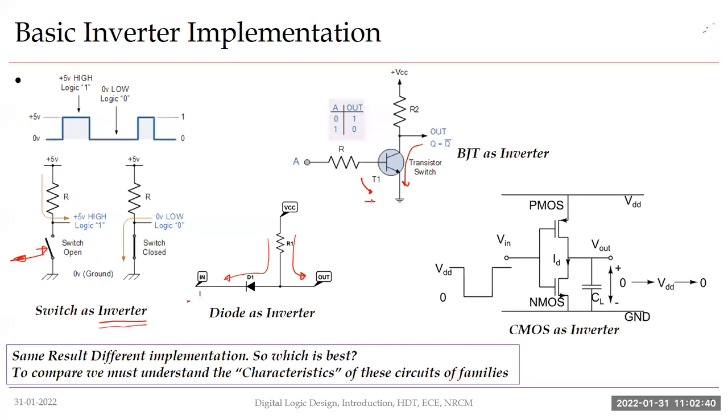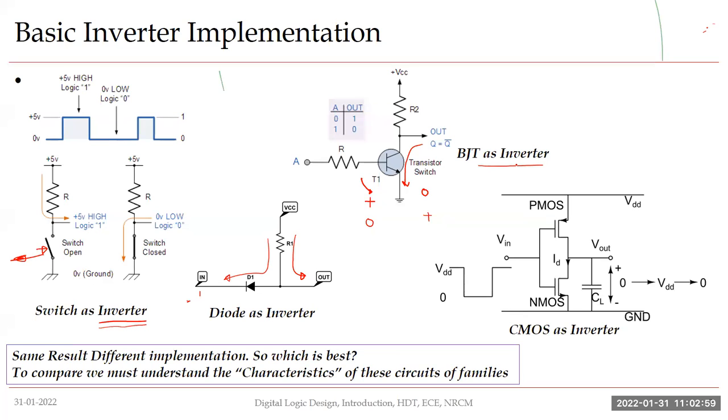That means application of plus voltage here results in 0 voltage here. Similarly, application of 0 voltage here gives some plus voltage here. Hence, here the BJT is acting as an inverter.